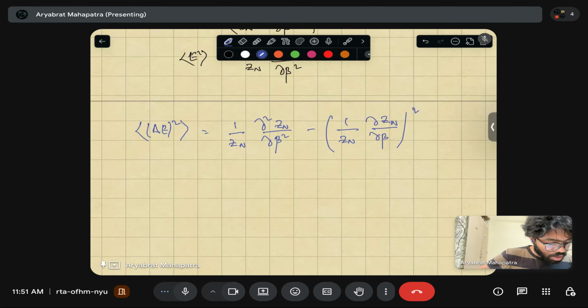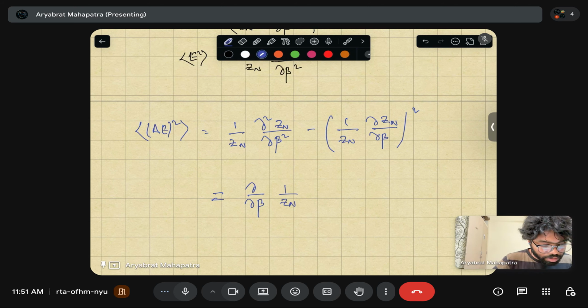Then I can write this expression as something of a total derivative. Suppose I write it as del over del beta of 1 over Zn times del Zn over del beta.